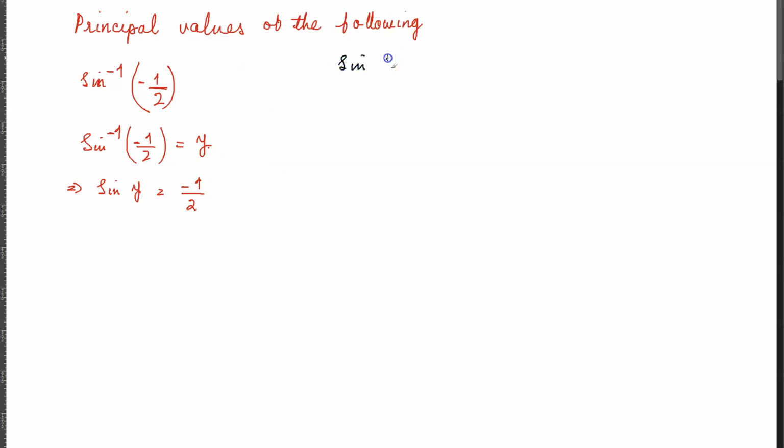So I know that the sine of 30 degrees is equal to 1/2. But this angle, whatever it is that I have here, the sine of that angle is -1/2. So if I draw a unit circle here, I know that this angle is 30 degrees, and the sine of this angle is 1/2.